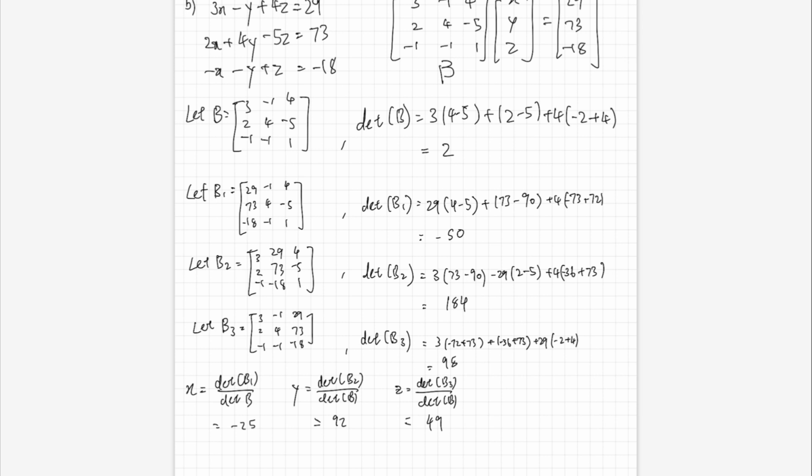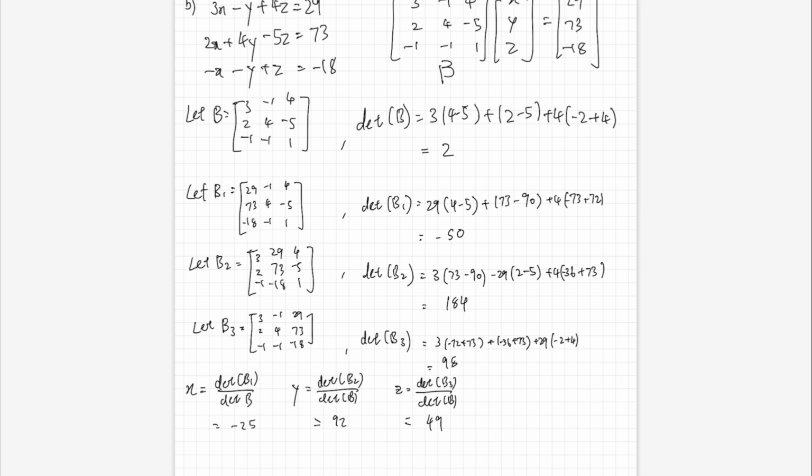So the determinant of matrix B1 is negative 50, and for B2, the method is the same as B1, in which I substitute 29, 73, and negative 18 into the second column of matrix B.